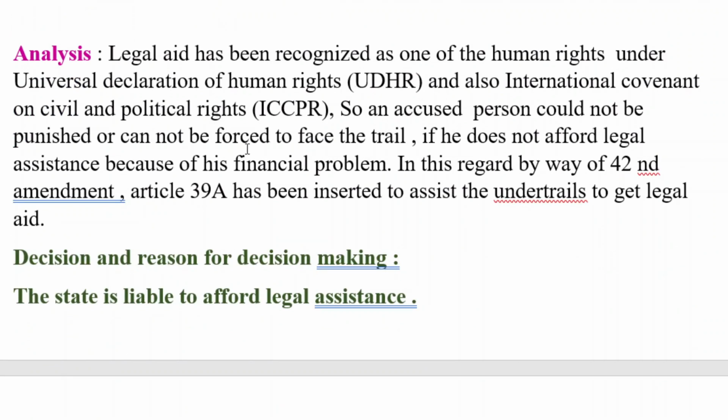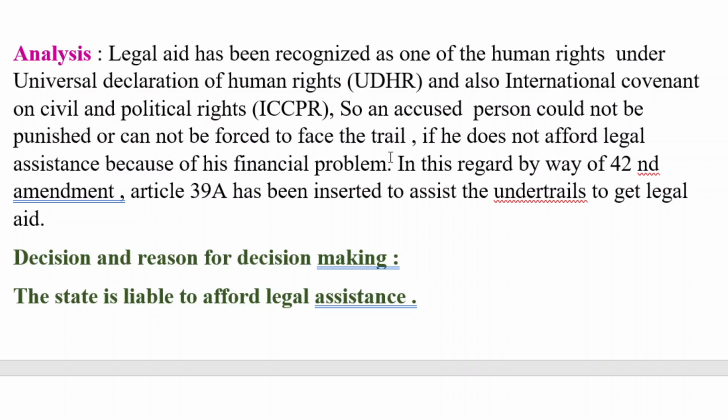So in analysis what has been given? It has been given under UDHR, that is Universal Declaration of Human Rights, and ICCPR, International Covenant on Civil and Political Rights. An accused person could not be punished unless he has been given legal assistance. So this has been on the lines of UDHR and ICCPR.